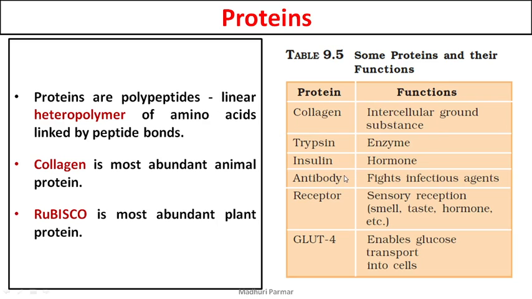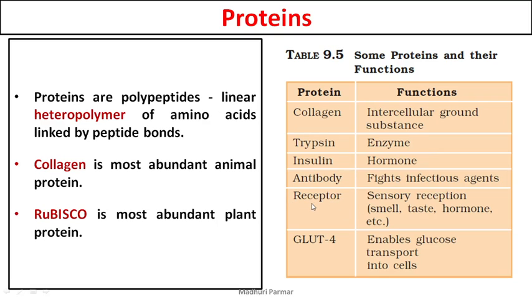Then antibodies, in immunology, you must have read about it. Antibodies are Y-shaped proteins. They have heavy chain, light chain, right? And they help fight infectious agents. They help fight infections. Then you have receptors.